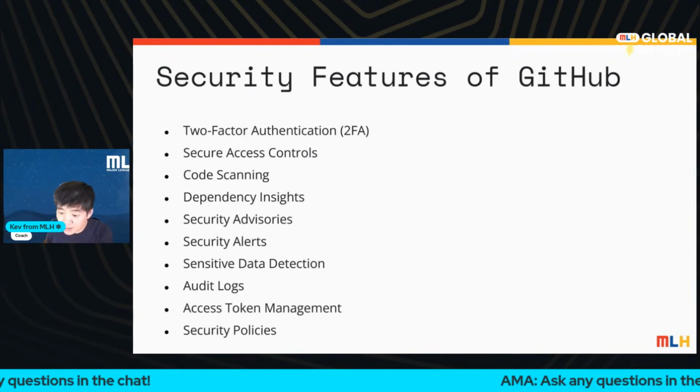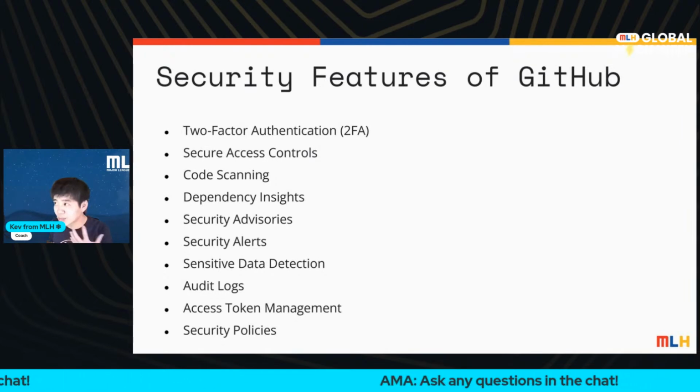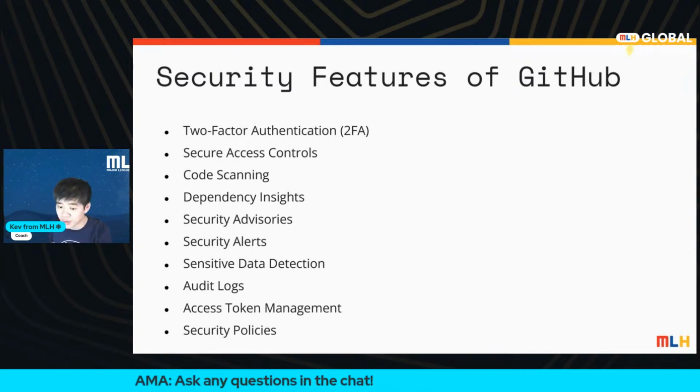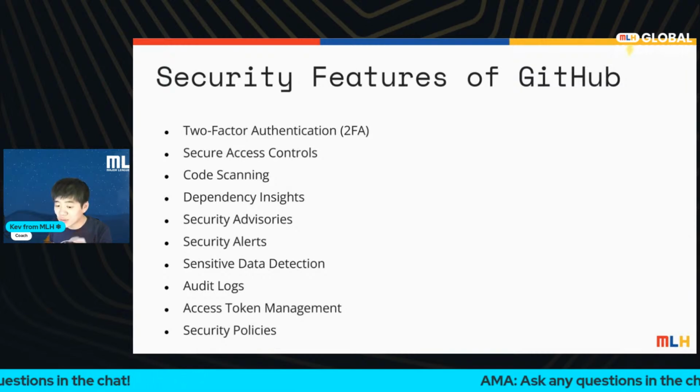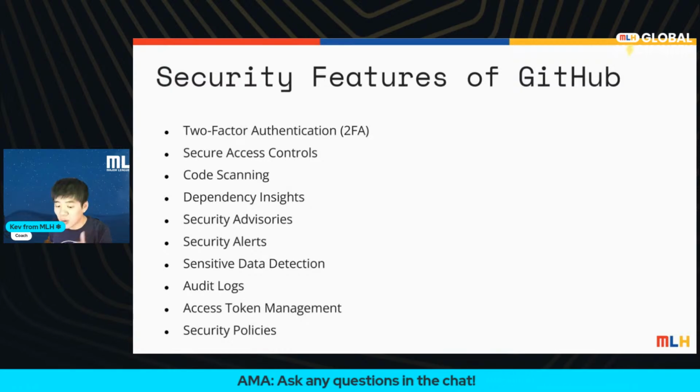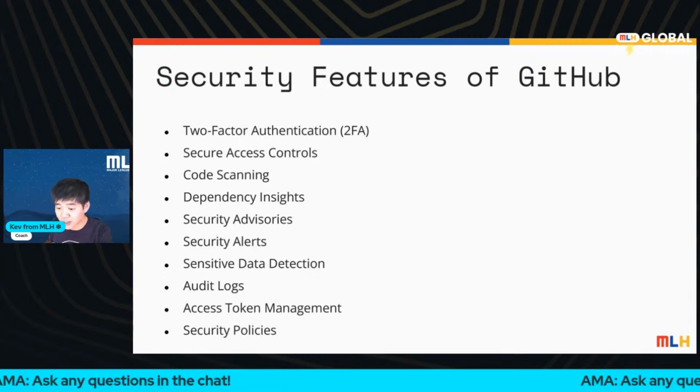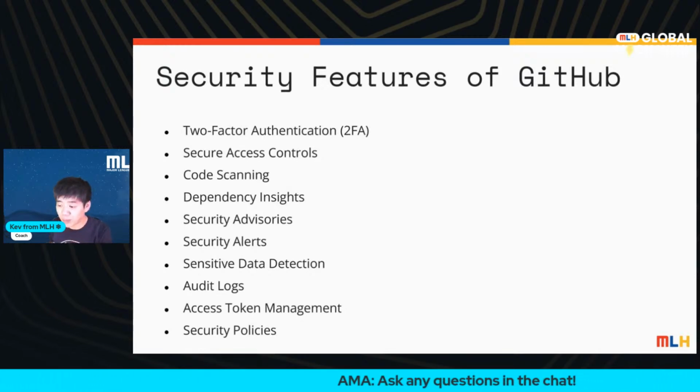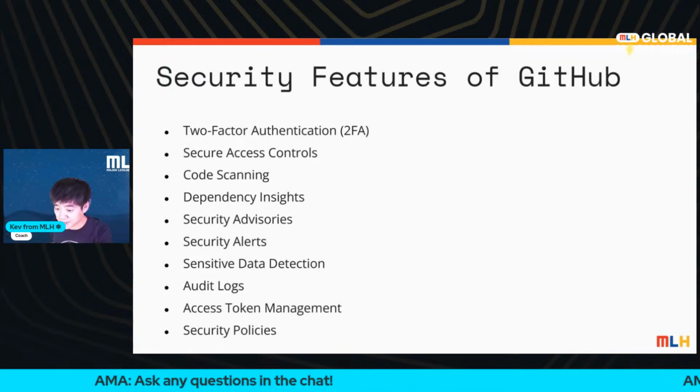You have security policies, and this is really important, right? As your project gets bigger, when you start working in actual software development or software engineering roles, we have things such as security policies that allow you to enforce certain things. For example, branch protection rules, right? Like no one can ever merge. So if I'm working on an open source project, there's probably branch protection rules on who can actually make a pull request and then merge it into main or master, right?